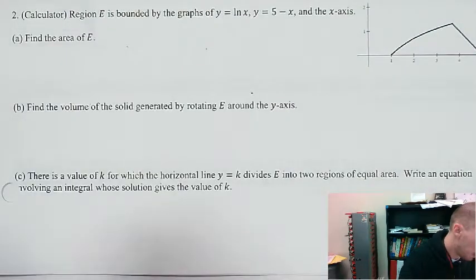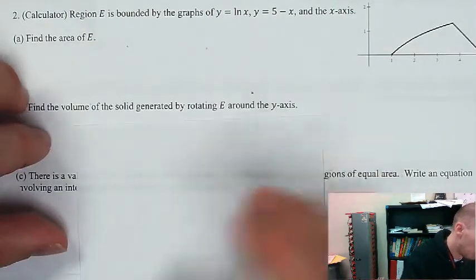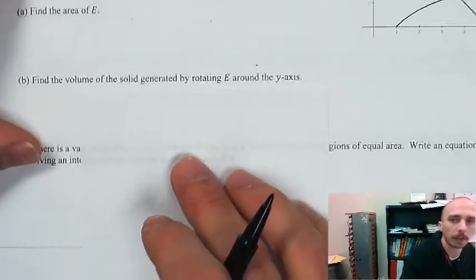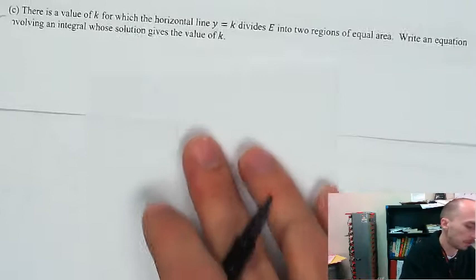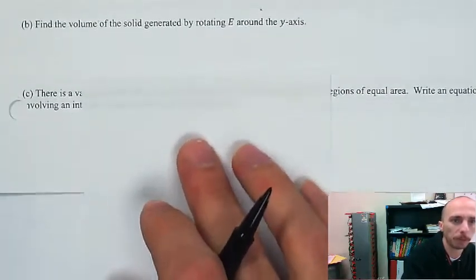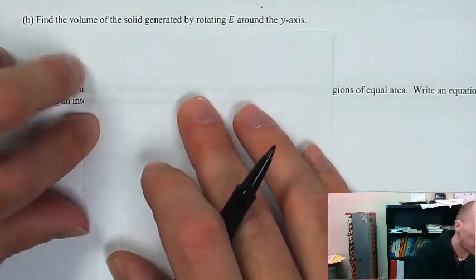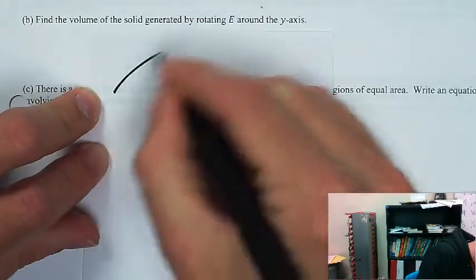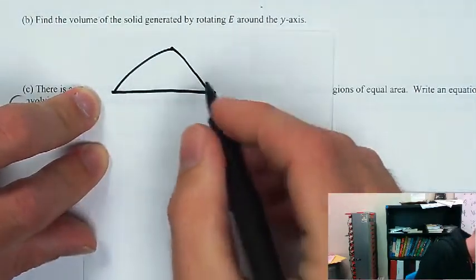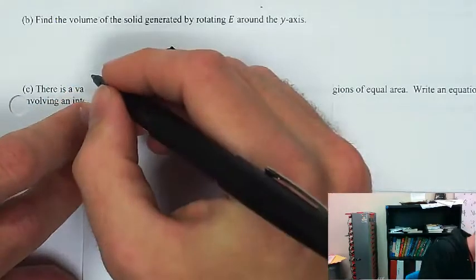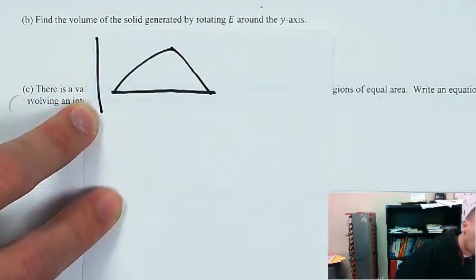In part B, we'll find the volume of the solid generated by rotating R around the y-axis. Okay, so just like always, I'm going to make a sketch, label the sketch, and then fill in the formula. So the y-axis is over here.